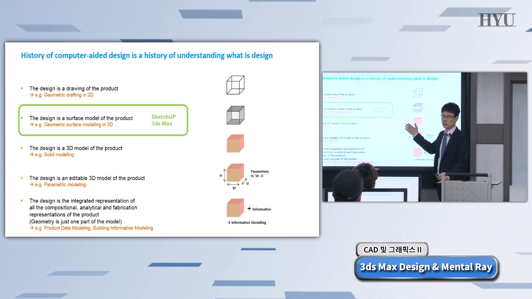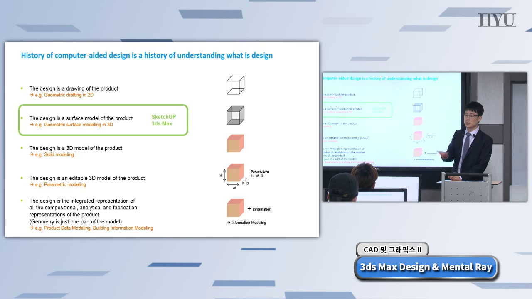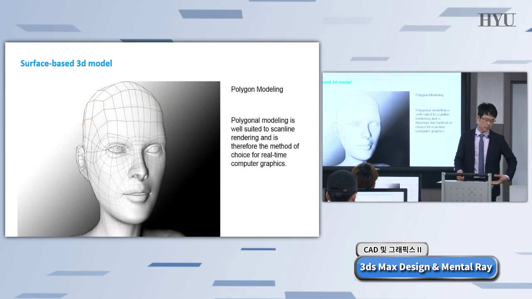This semester we're going to deal with some types of architectural drawings, photorealistic rendering, photorealistic animations, or architecturally generated hybrid representations, graphics, and so on, okay? So this is our main subject, surface-based model.